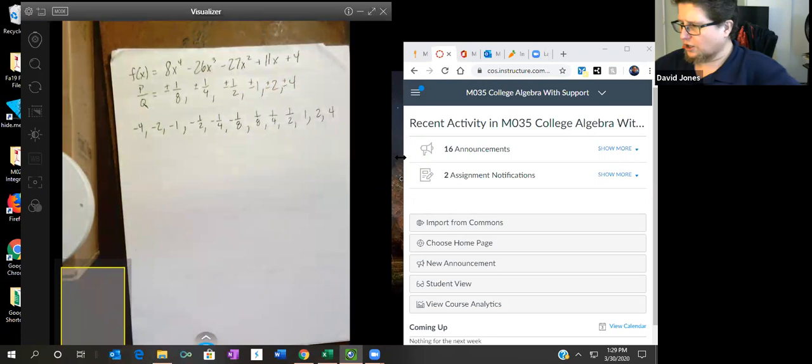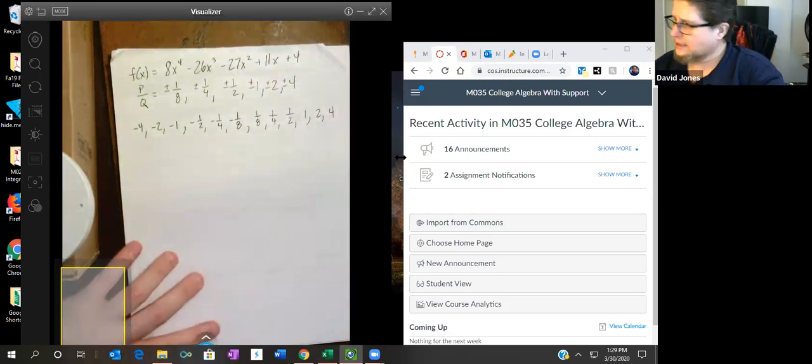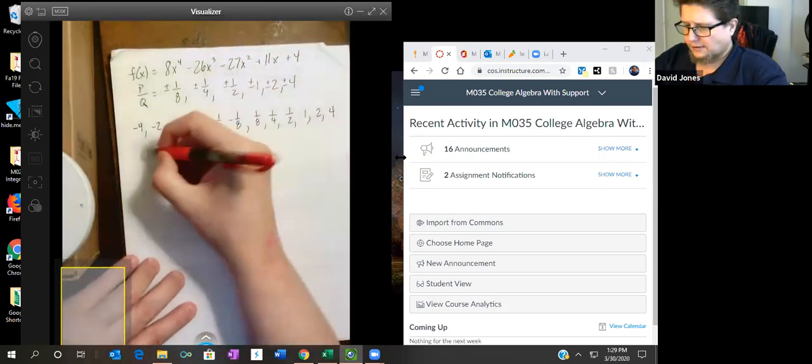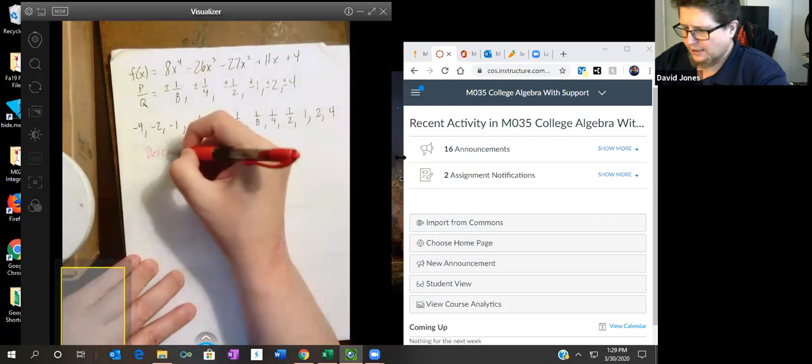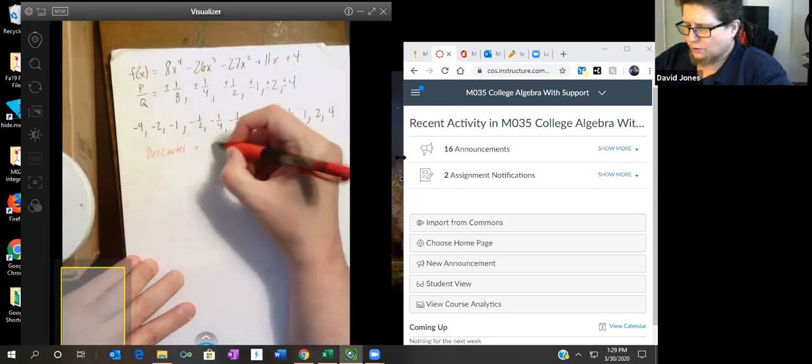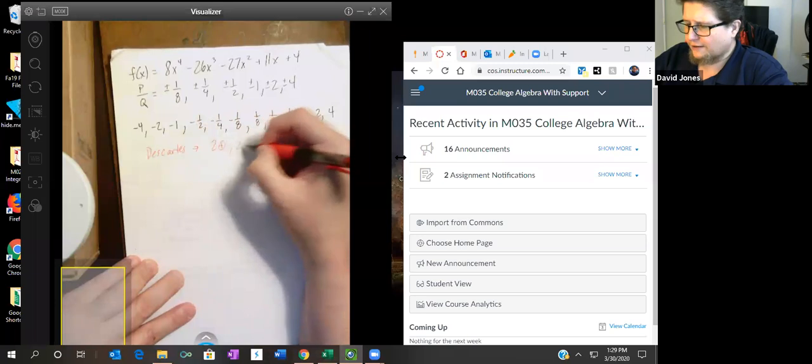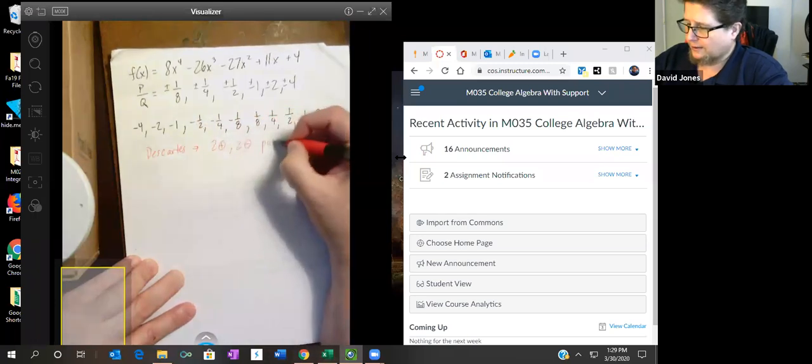And we did Descartes Theorem. That's the sign changing one. There was 2 positive and 2 negative possible real roots.